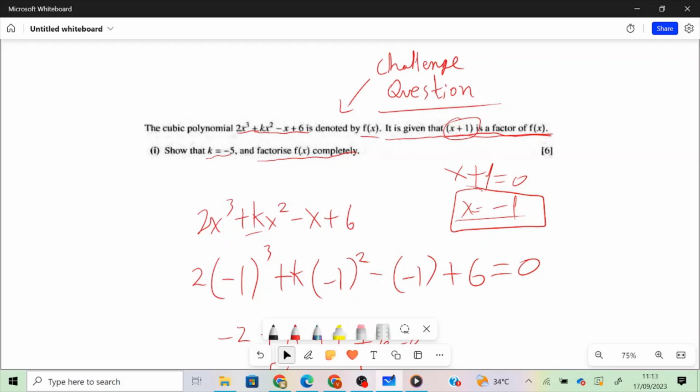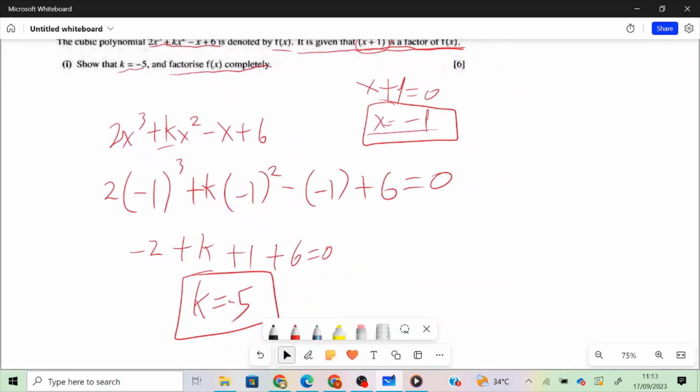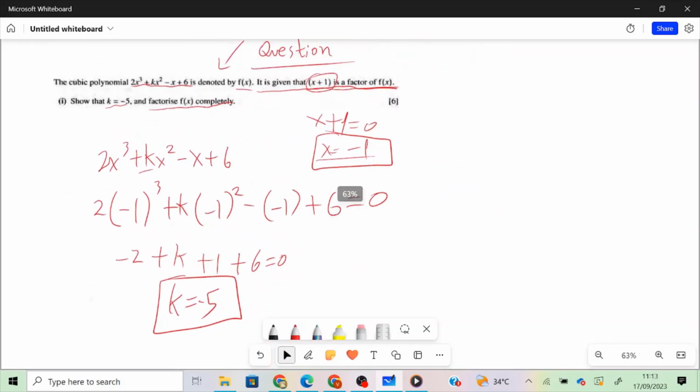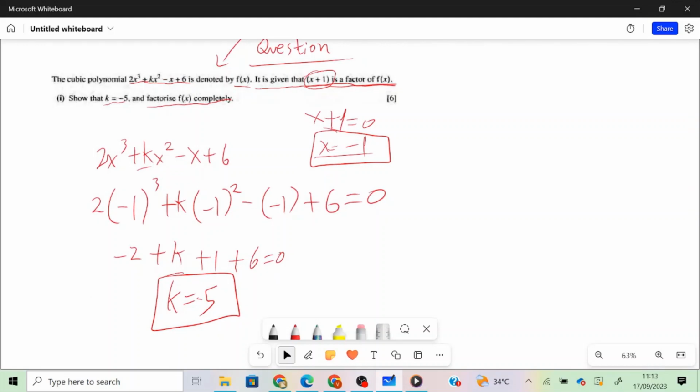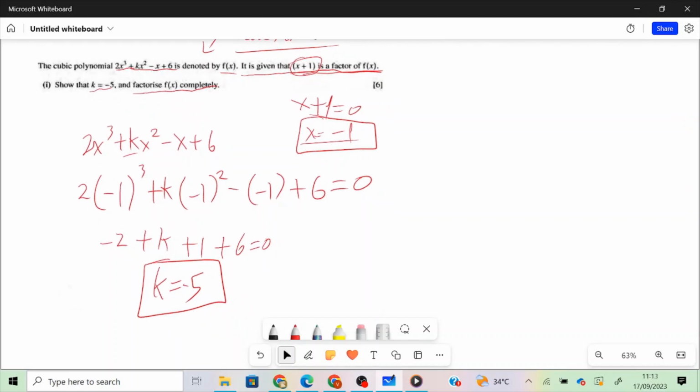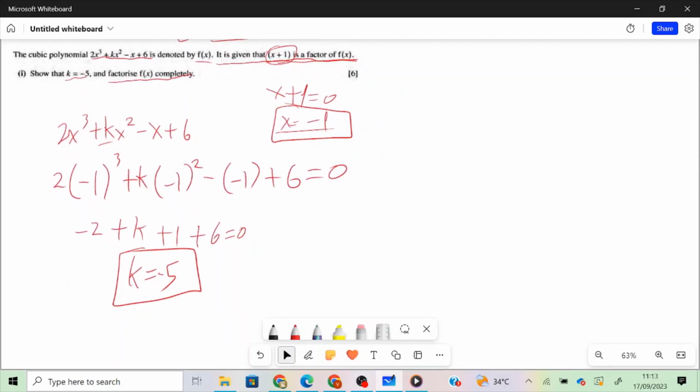It now says factorize f of x completely. Now we have one of the factors, which is x plus 1, but we don't have the other factor. So all we do is we take our x plus 1, and as our dividend we now take the equation of the polynomial, which is 2x cubed. Don't forget our k is minus 5, so we now have minus 5x squared minus x plus 6.